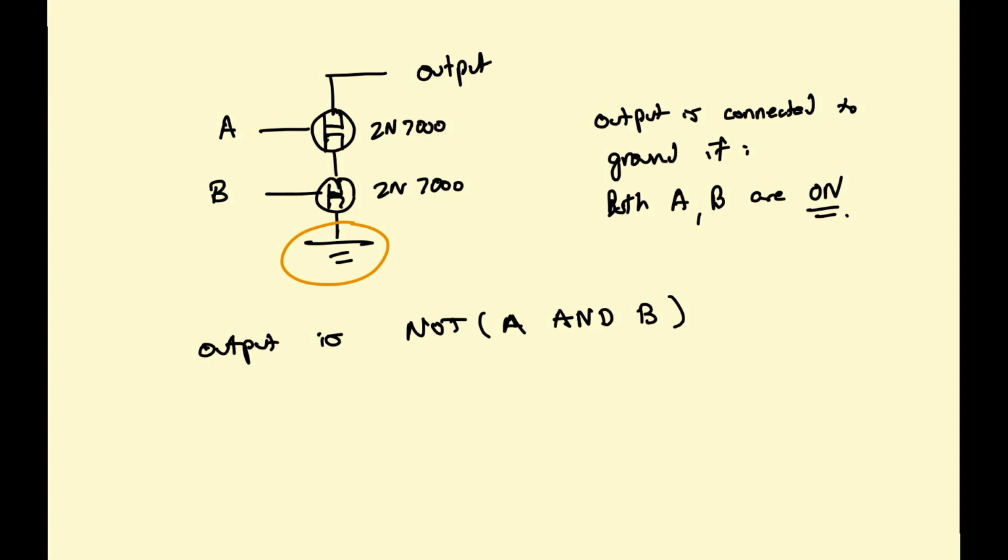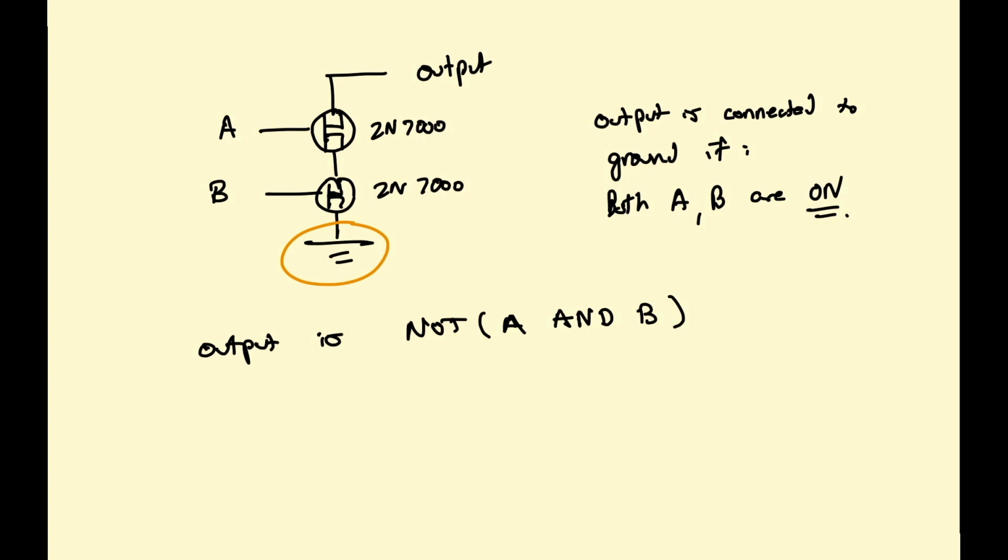It is connected then directly to ground, which means the output is 0 volts. And what do we think of 0 volts as being? Off or logical 0. Right. So that's why there's the not there, because if A and B are both on, the output is actually off, not on. So it's backwards of what you might have initially guessed. Is that okay? Yeah? You sure? Okay. All right.